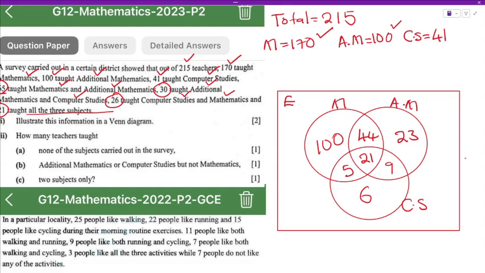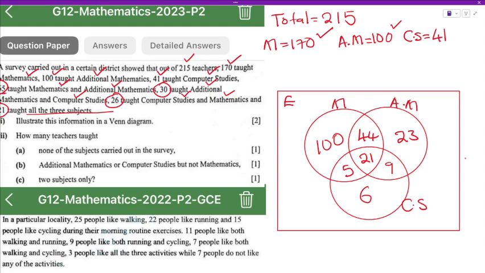Let me check again. That's 44 plus 21 plus 9 plus 23. What does that give me? That is giving me 97, meaning there's a value I have placed wrongly in this set.